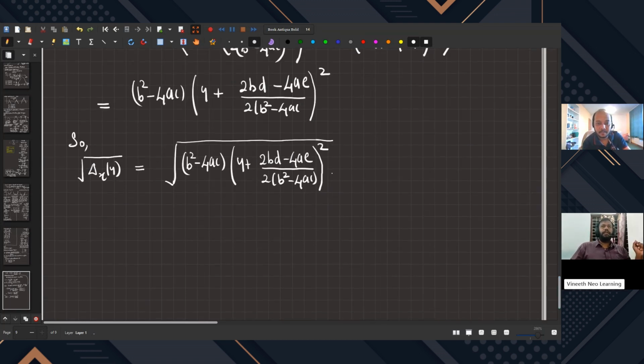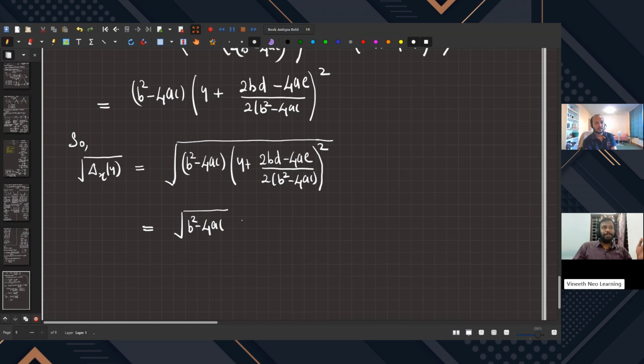So we can write it as the root of b square minus 4ac into y plus, we can take b square minus 4ac inside the root. Why can we take the square root of b square minus 4ac? What is the reason? Remember our third condition: b square minus 4ac is always greater than 0.